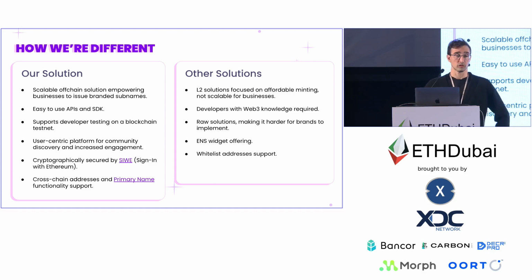Our solution is probably the most scalable because it's off-chain and you can scale to infinity. A few competitors are going more towards the L2 solution. There is one competitor that does about the same approach as we do, but it really lacks a lot of features. It's not good.